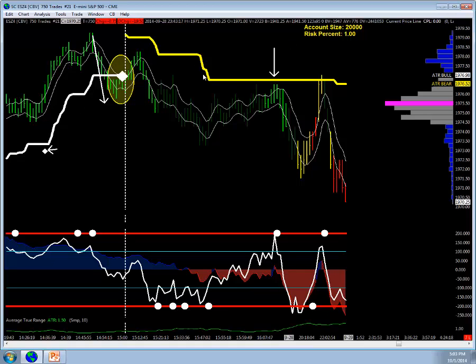So what happens is this becomes your dynamic resistance point. You can see what happened here. Price pulled down and then popped back up, right up here to the ATR line. Well, this ATR line, guys, is a sell zone. You can short against the ATR line, you can short at the ATR line, you can short slightly above the ATR line, so long as it does not shift.